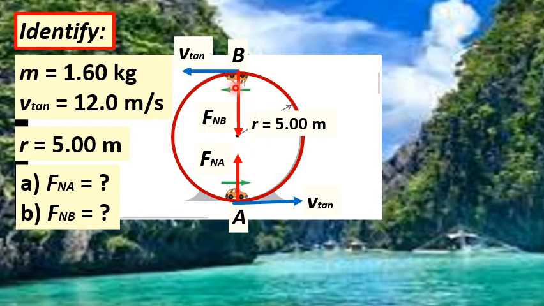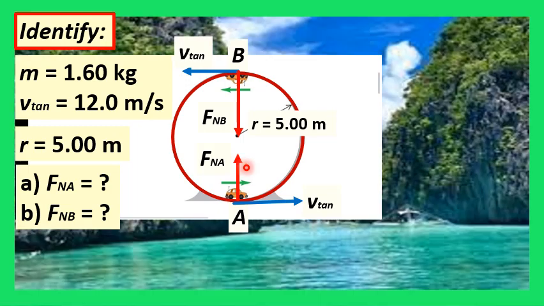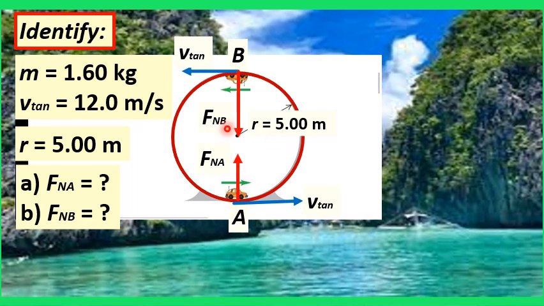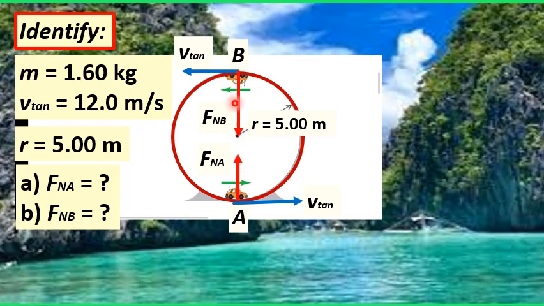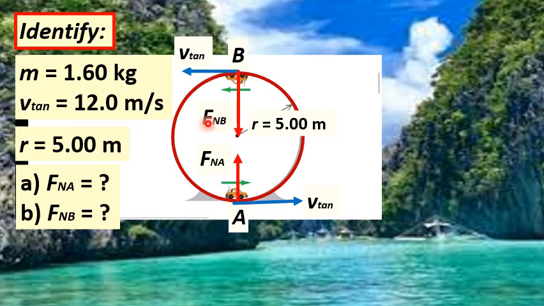While at point B, the direction of the normal force is downward. And it's also labeled as F sub NB.